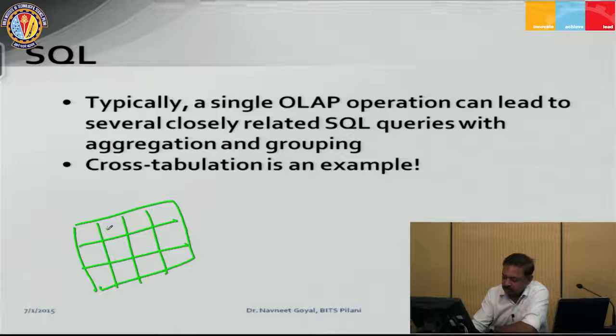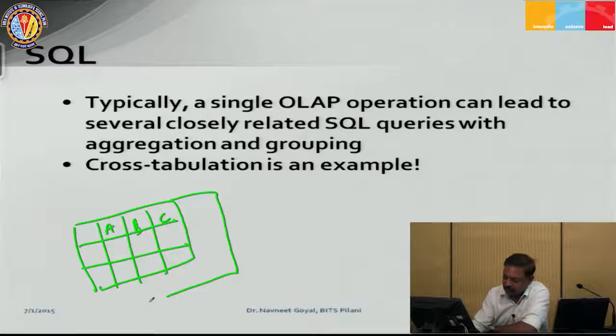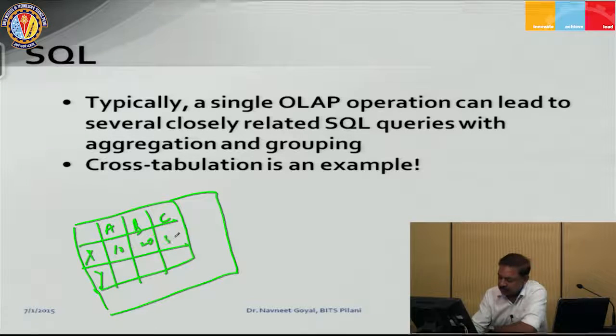There are some values A, B, C here, and you have values X and Y here. So you do the cross tabulation: 10, 20, 30, so this makes it 60. Then 15, 25, 25, that makes it 65 here.